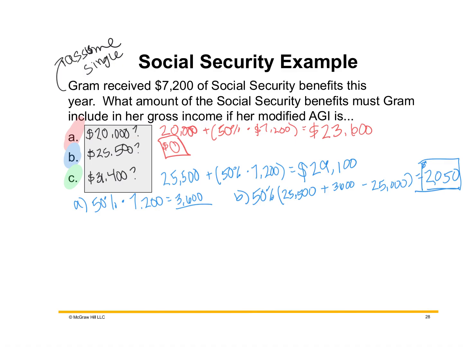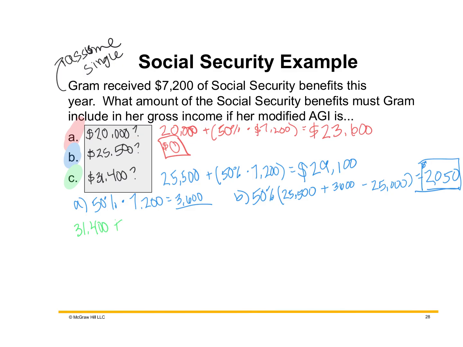All right, last scenario. Option C. What if our modified AGI was 31,400? If we calculate our modified AGI plus 50% of Social Security benefits number, our modified AGI is 31,400.